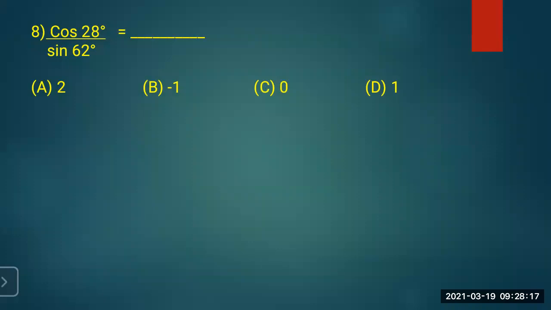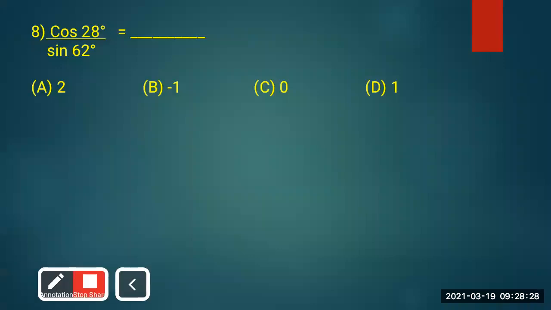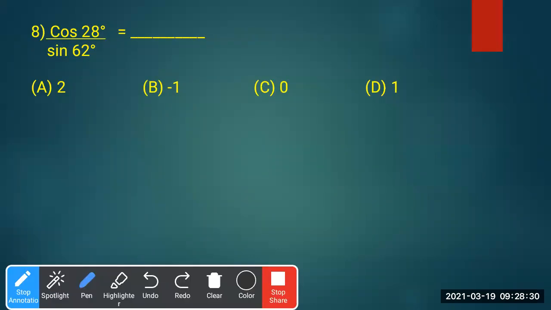In such type of question, students just concentrate on the numerator. So what is the numerator over here? Cos 28 degree. That means you have to apply the relation among the trigonometric ratios of cos theta.